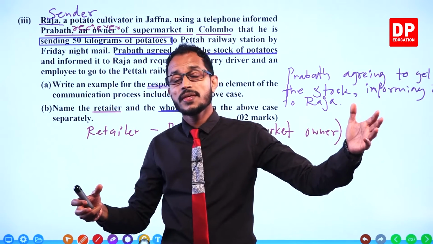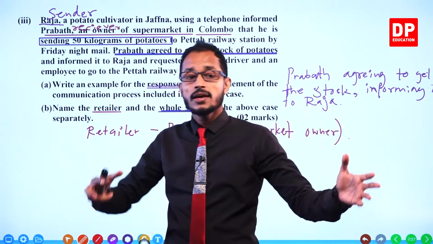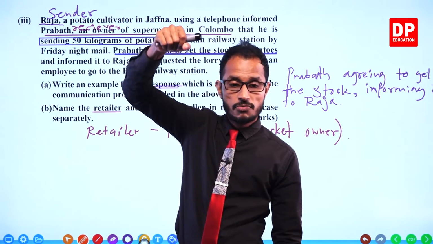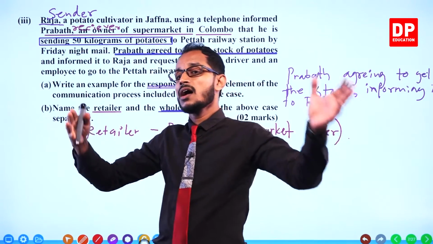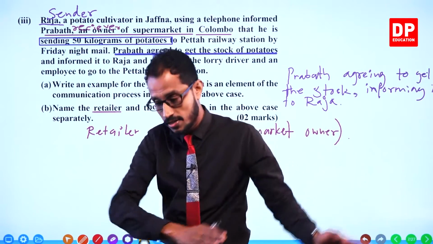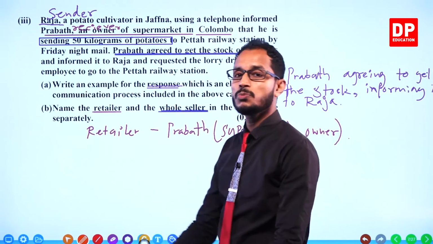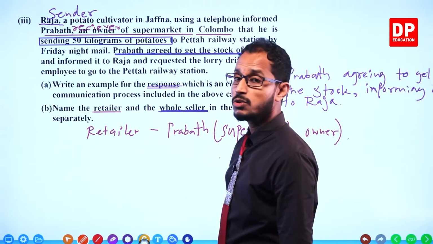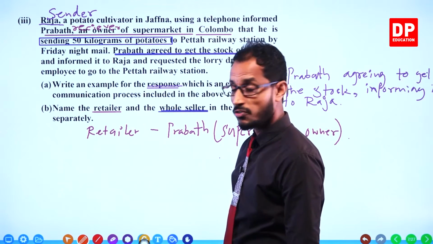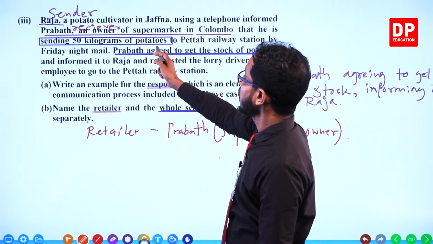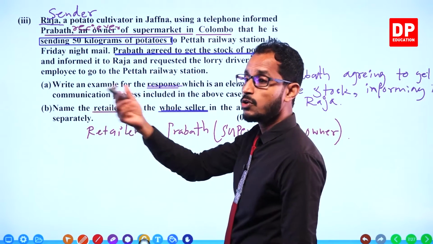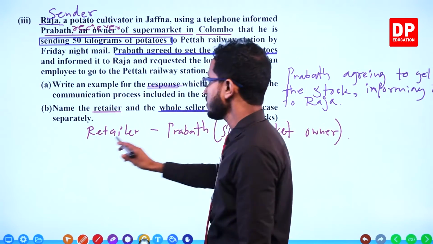Large sacks of potatoes should be unloaded and transported to Prabhat's supermarket. Who sold those 50 kilos of potatoes? Raja. And Raja is selling to Prabhat in order to resell. That is the wholesaler.